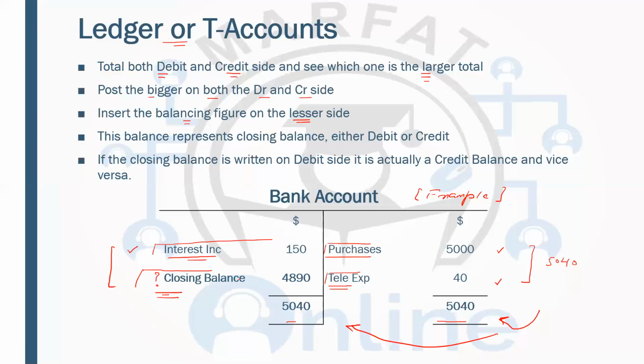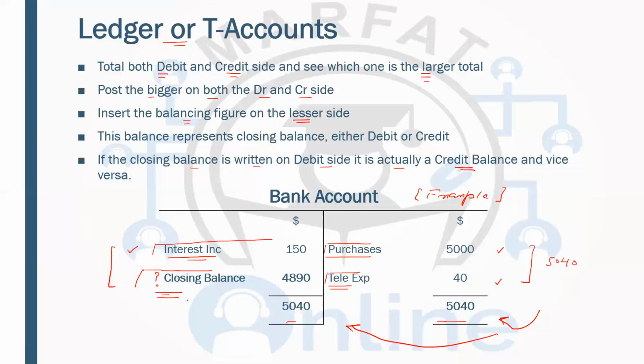In this account, the closing balance is coming on the debit side. Maybe in the next example, this closing balance may come on the credit side. It's fine, this is normal. Either it will come on the debit side or on the credit side. But the thing you need to remember is that if the balance is written on the credit side, it is actually a debit balance, and vice versa.